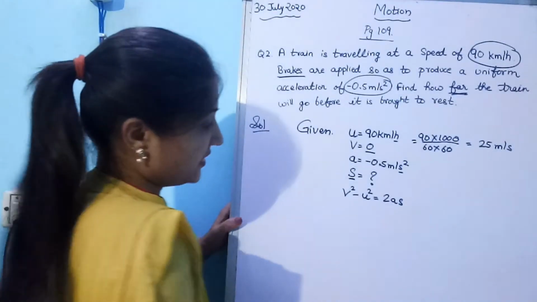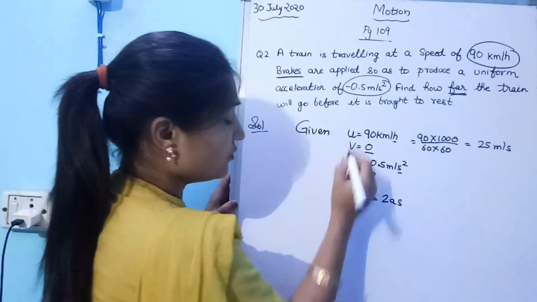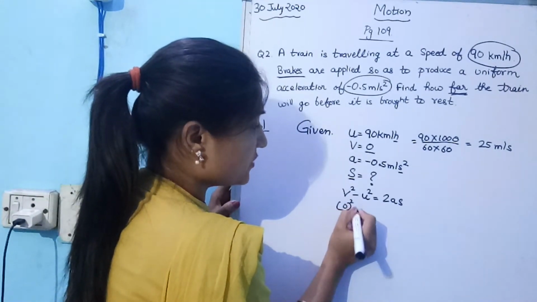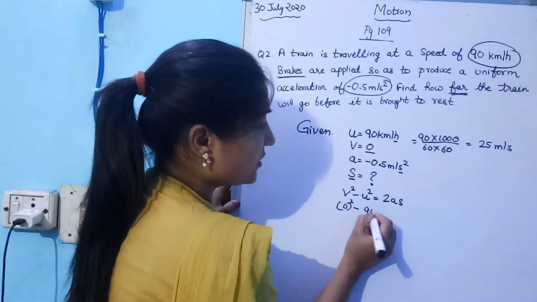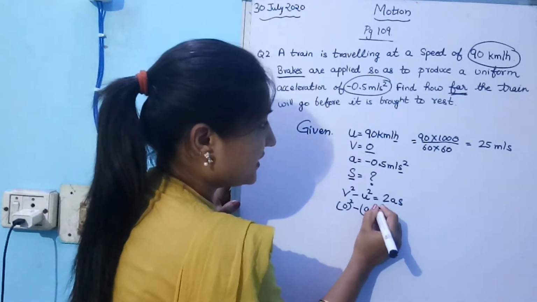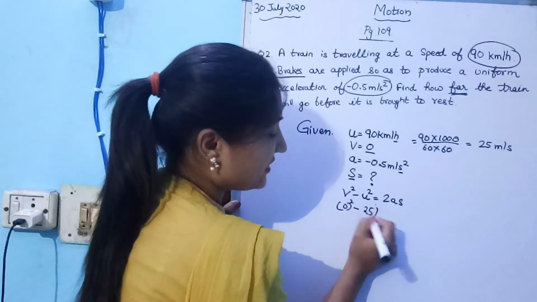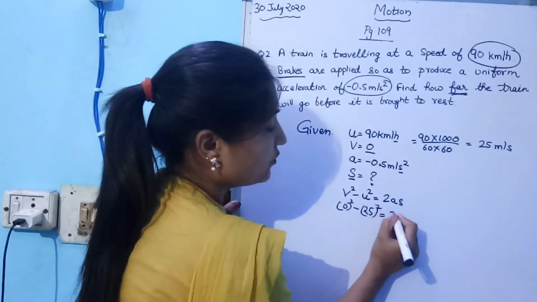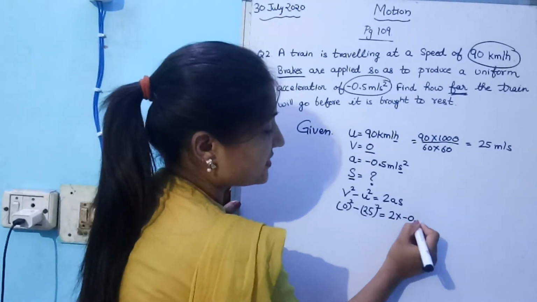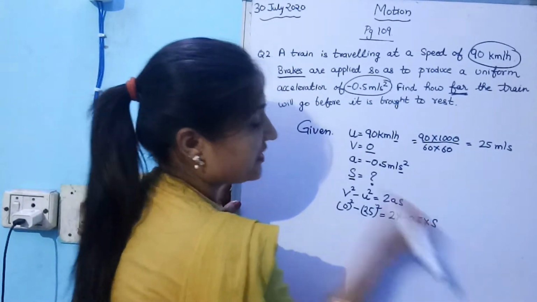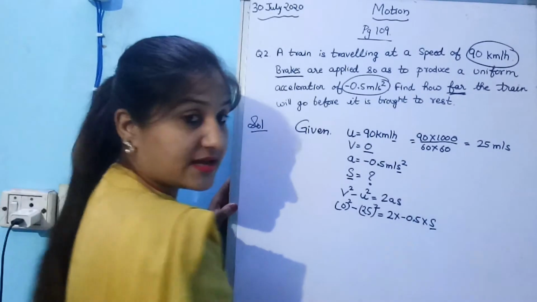2as. Okay, so put the values. V square is equal to 0, minus u square, that is 25 square, is equal to 2 into a, which is minus 0.5, into s. Now we have to find s.